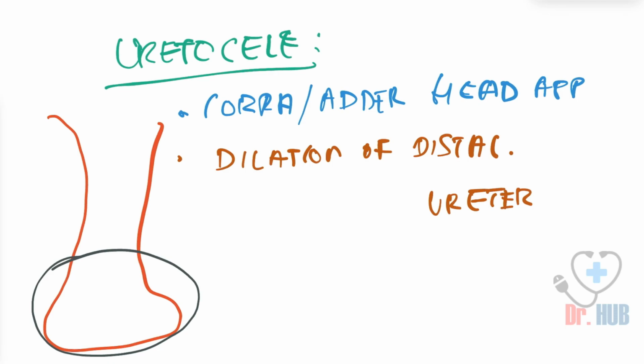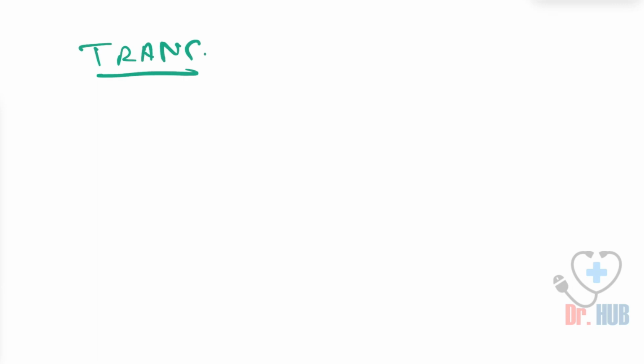Next, we look at transitional cell carcinoma of the ureter. Here there is something known as the goblet sign.